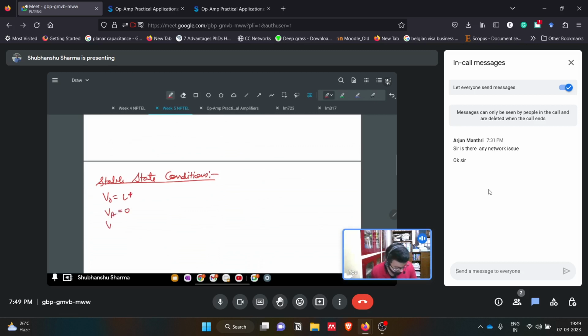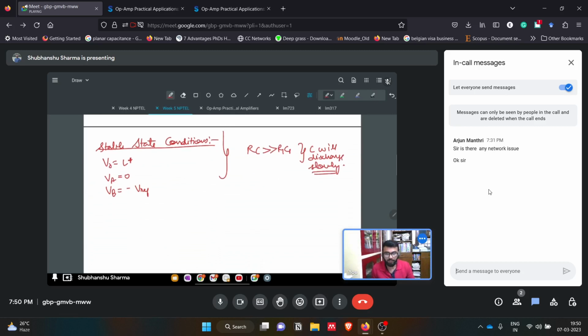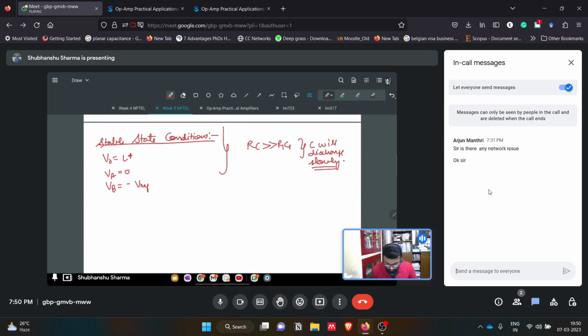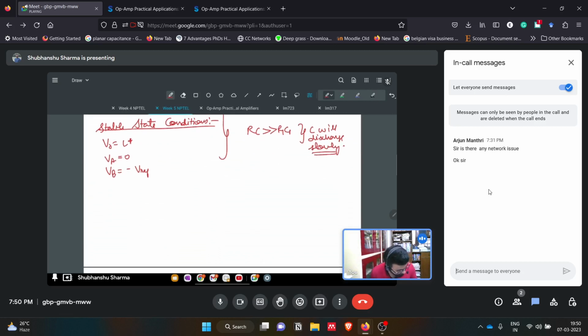It is given VB equals minus V reference, and one more condition they have given, that is RC is very much greater than R1 C1. So that implies C will discharge slowly. Okay, fine. So let's go step by step.